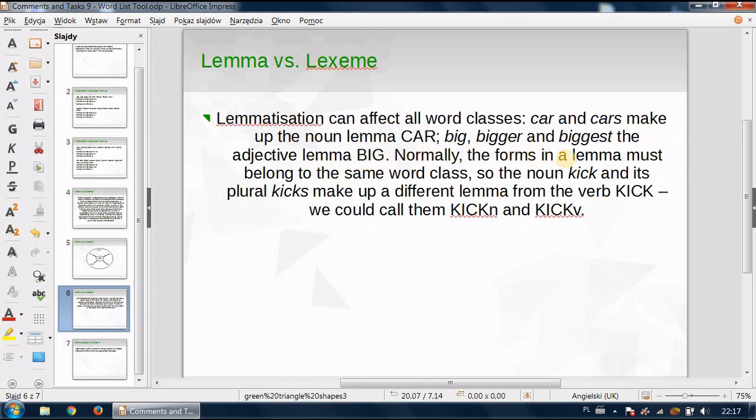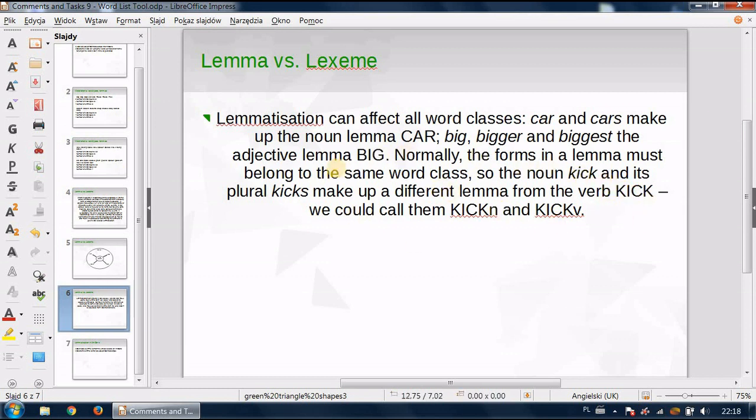And normally the forms in the lemma must belong to the same word class. So the noun kick, for example, and its plural kicks. Kick means an action of kicking, and this will be several kicks. These make up a different lemma from the verb kick, to kick, which has numerous forms: kick, kicked, kicking, and so on.